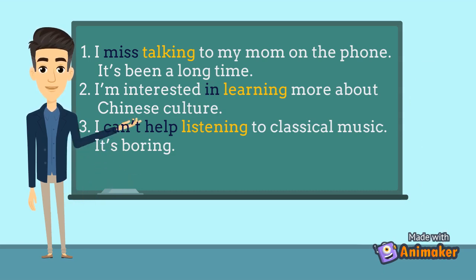We can see here that the gerund is talking. Verb plus ing. But what do we have before the gerund? Before the gerund, we have the verb miss. So, we can say that with the verb miss we always use gerund.